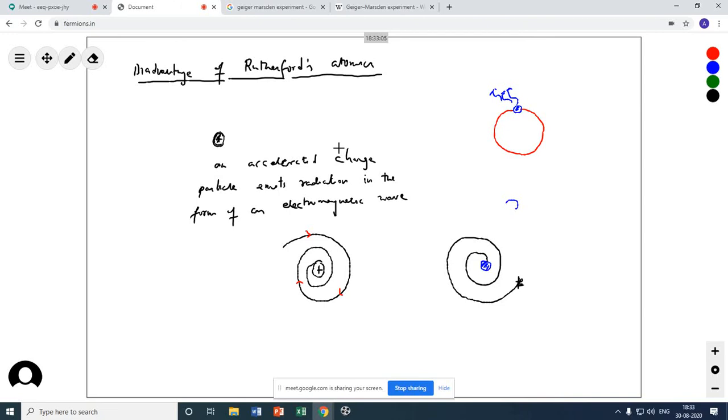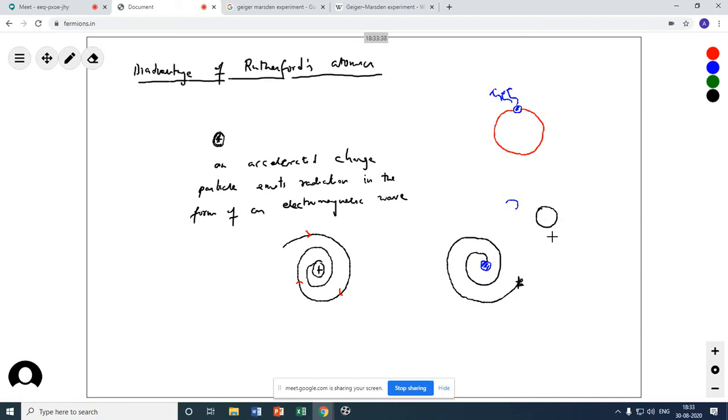Electromagnetic wave theory says that whenever electrons are accelerating, they will emit energy, proportional to the frequency of rotation of the electron. If the electron is not accelerating, no energy is given out.